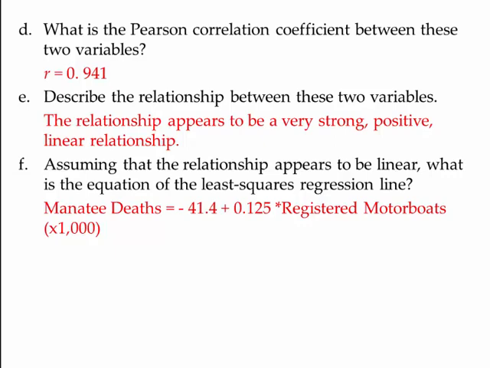The least squares regression line, or the line of best fit, is manatee deaths equals negative 41.4 plus 0.125 times the number of boats.